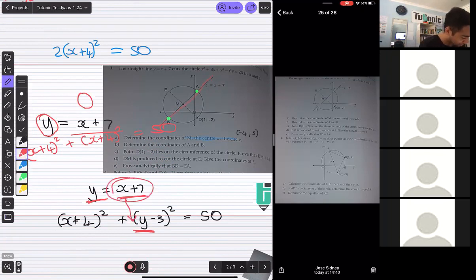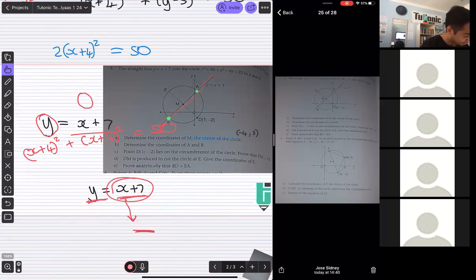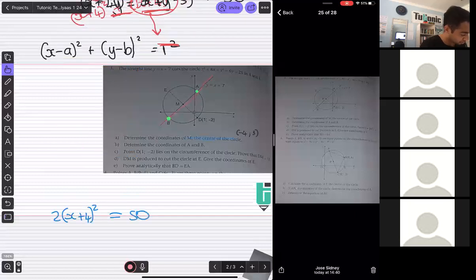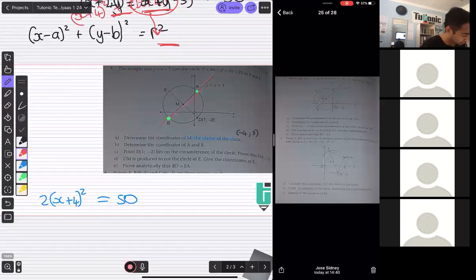So we can sub in x plus 7, and that gives us this: 2 times x plus 4 squared equals 50. x plus 4 squared equals 25. x plus 4 equals plus or minus 5. Therefore, x equals 1 or x equals minus 9.